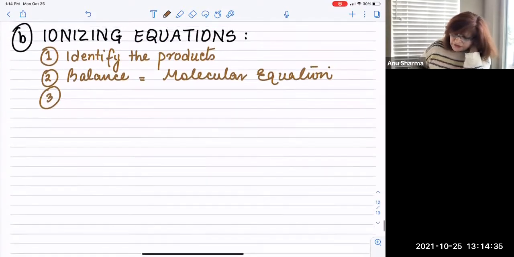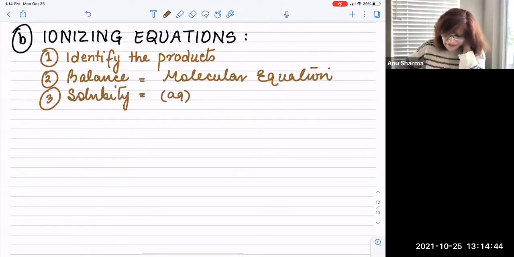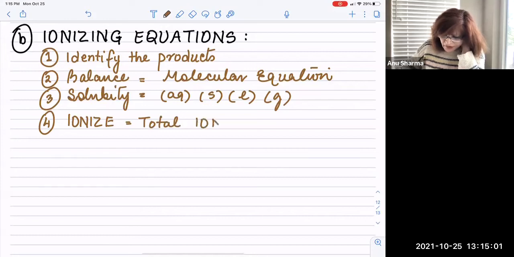Okay, then comes the balancing, then comes the solubility. Identify whether something is soluble, which would be aqueous, insoluble is S, whether something is liquid, whether something is gas, based on all that. Then you ionize it. Ionize means total ionic equation.